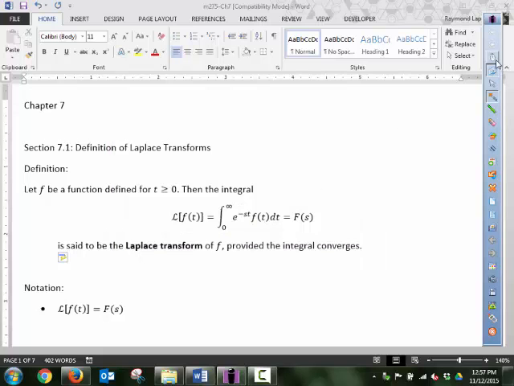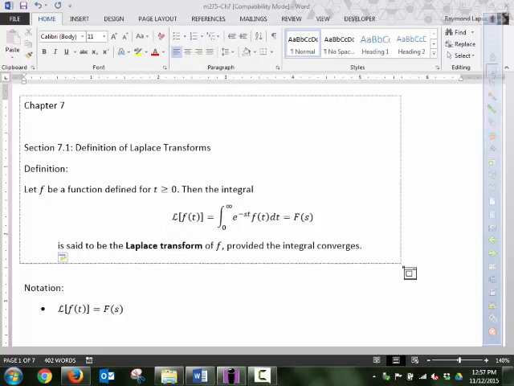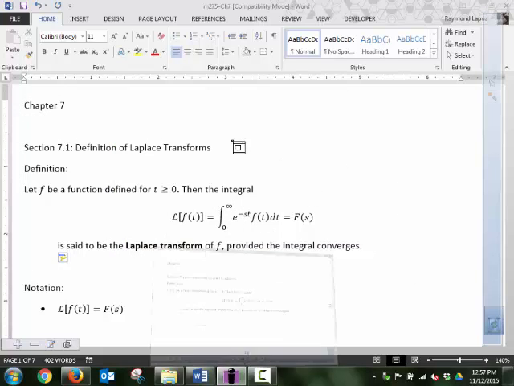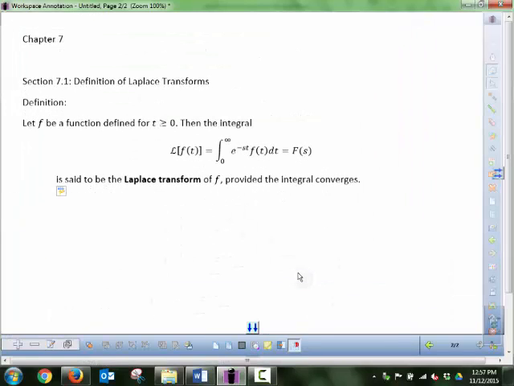Our first definition is a definition of the Laplace transformation. So we have a function f, we'll call little f of t. Then we're going to transform that into capital F of s. So this is where we go from the t world to the s world.